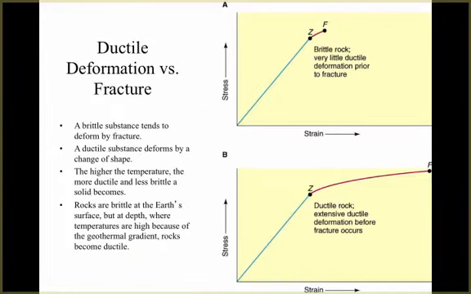And if we look at a stress-strain plot of rocks in the upper crust, you'll see that after elastic deformation, very little ductile deformation occurs before the rock fails and fractures. A rock in the middle to lower crust is at much higher temperatures, and after elastic strain will behave ductilely, or deform ductilely, for a much longer period before it fails.